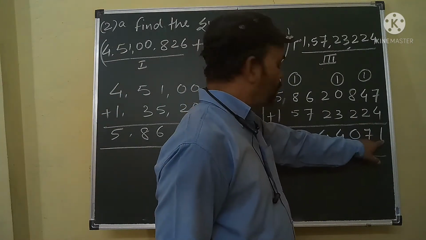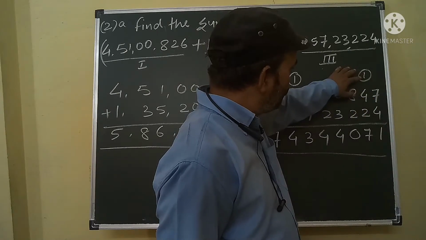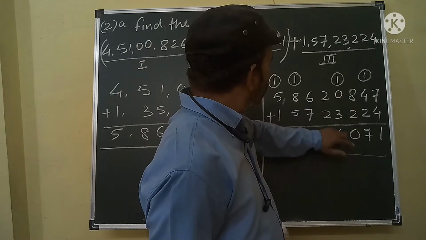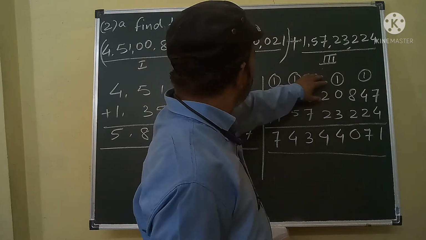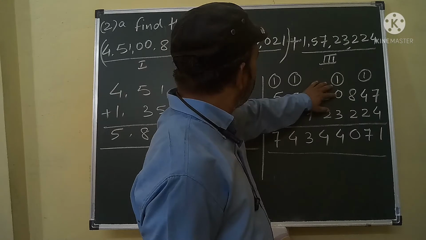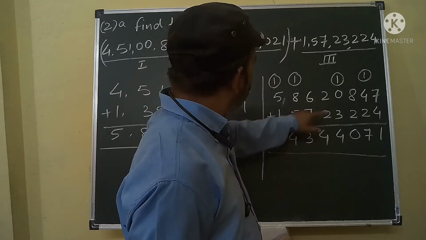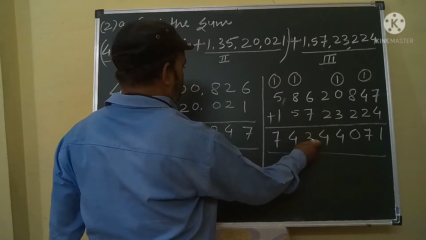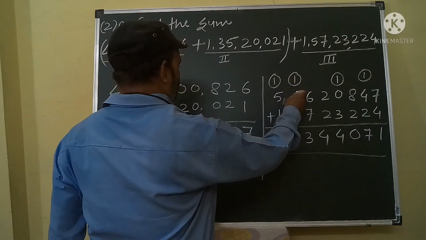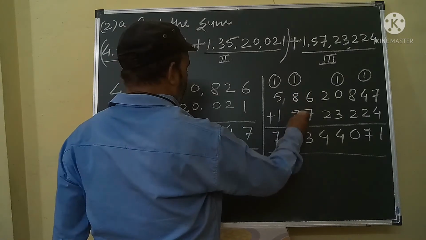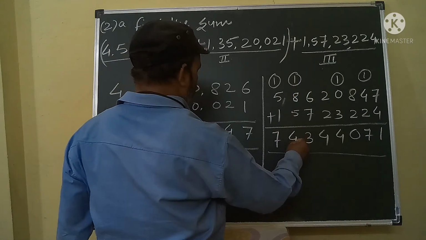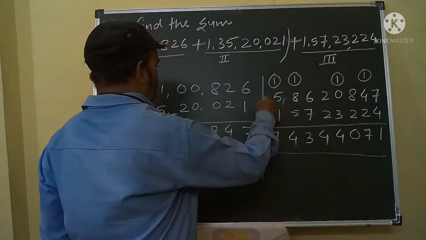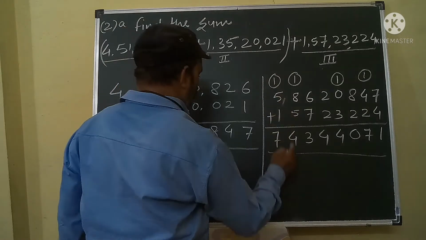7 plus 4, 11. This is 1. Carry over is 1. 1 plus 4, 5. 5 plus 2, 7. 8 plus 2, 10. This is 0. Carry over is 1. 1 plus 0, 1. Plus 3, 4. 2 plus 2, 4. 6 plus 7, 13. This is 3. Carry over is 1. 1 plus 8, 9. 9 plus 5, 14. This is 4. Carry over is 1. 1 plus 5, 6. 6 plus 1, 7.